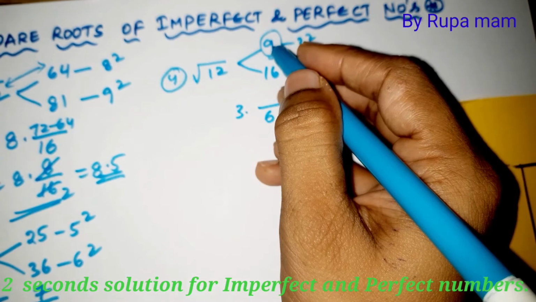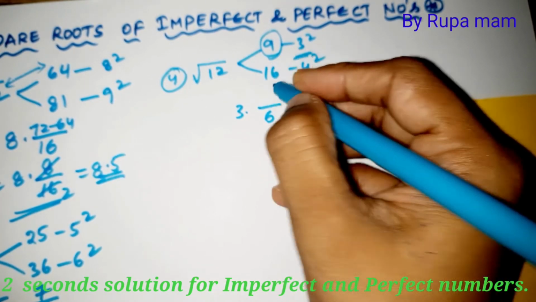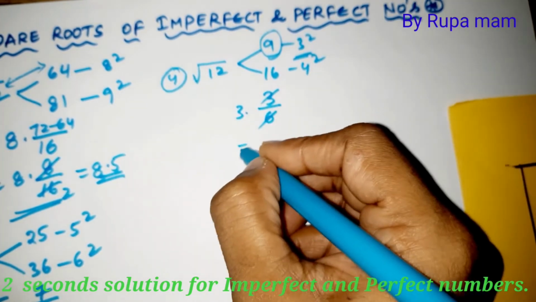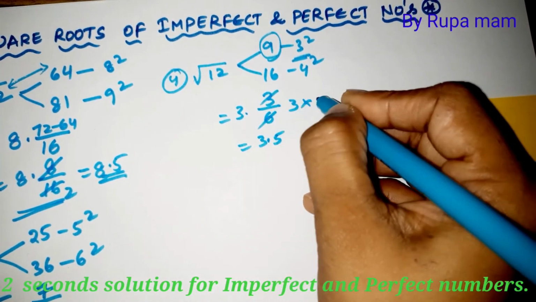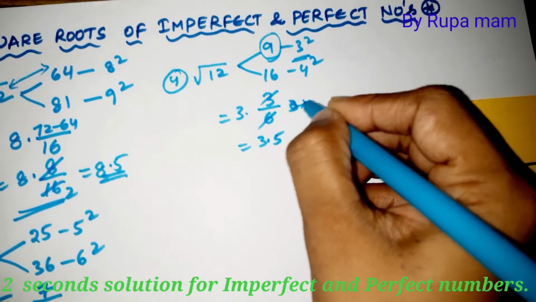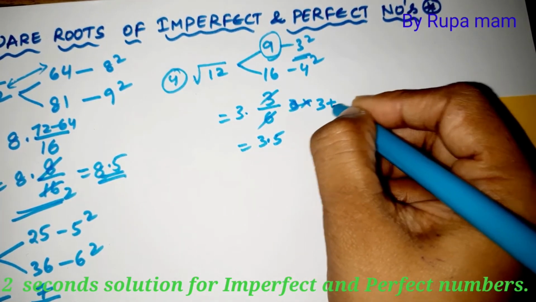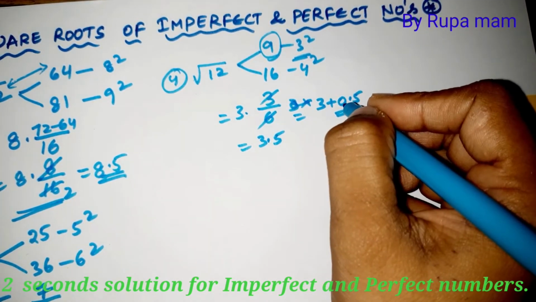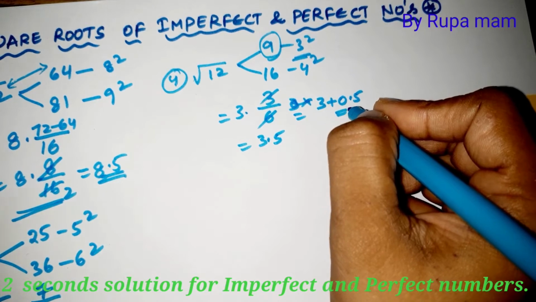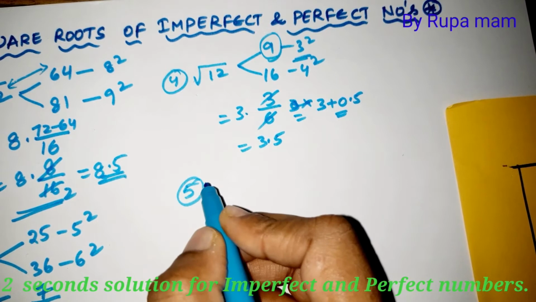The difference of 12 and 9 is 3. 3 by 6 is 1 by 2, which means 0.5. So 3 plus 0.5 is 3.5.